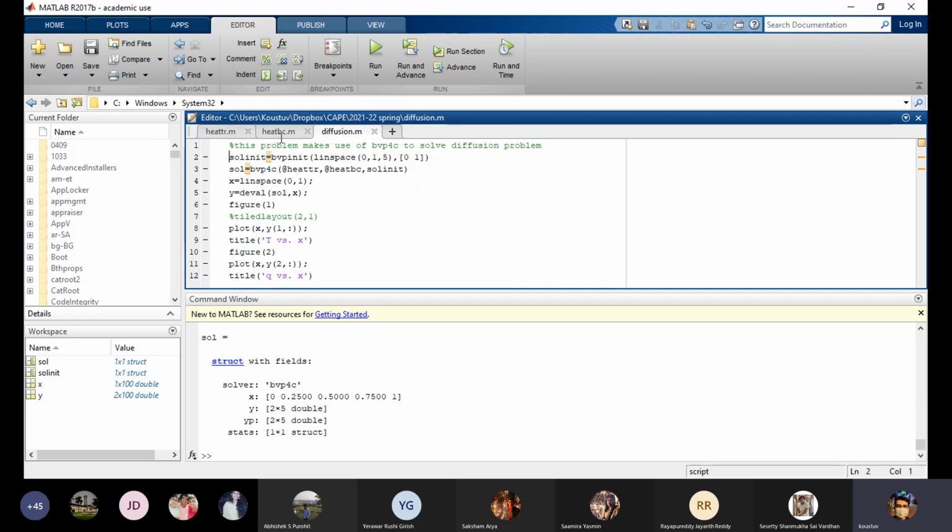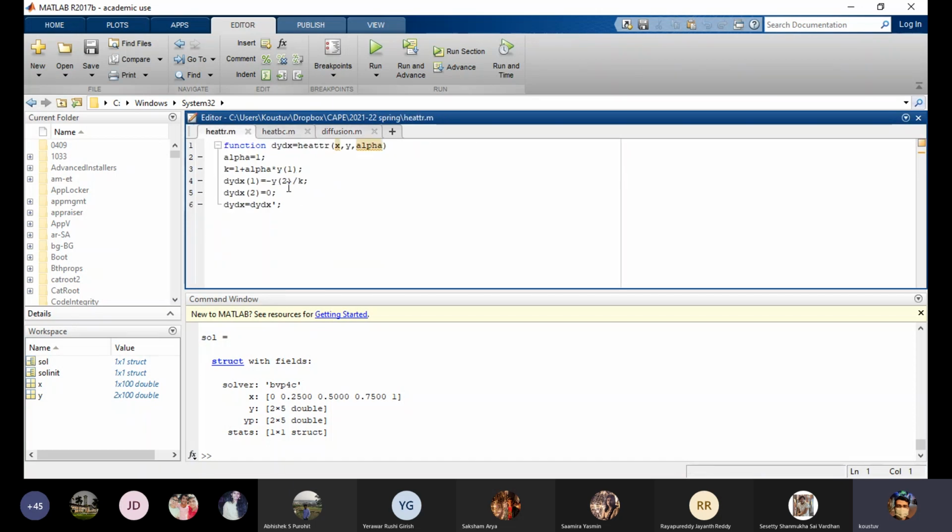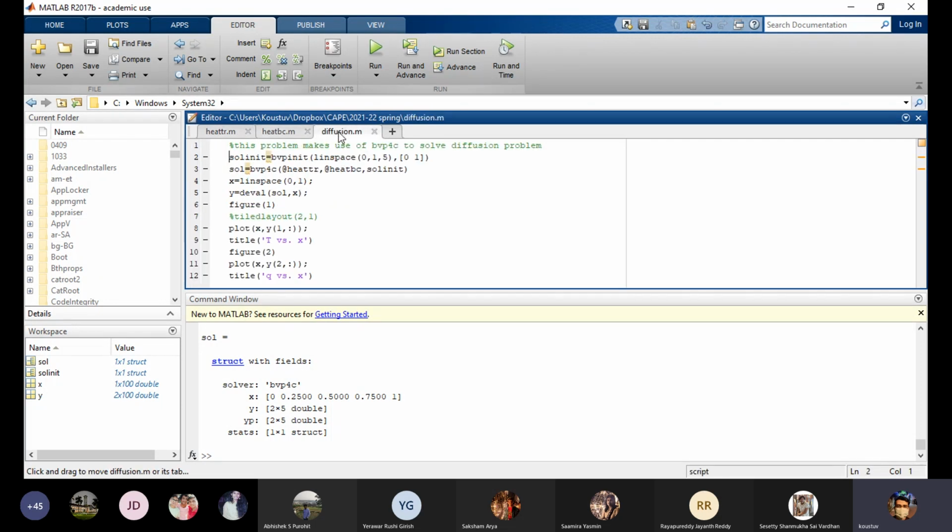Had k been constant, it would be more linear, but here k is a function of temperature. We have given here that k equals 1 plus alpha y1. Alpha was a constant, but y1 means T. So we can expect the temperature to be a little bit curved in nature, and flux to be constant.